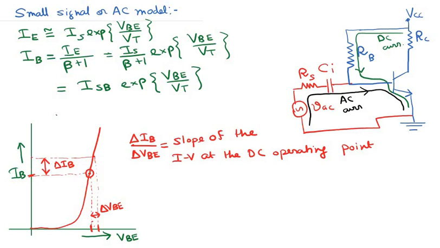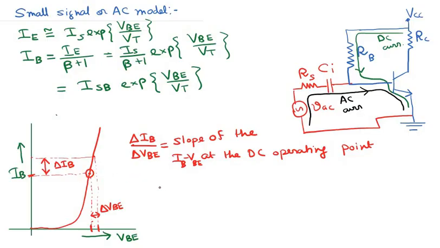So this delta IB divided by delta VBE is equal to the slope of the IB versus VBE curve at the DC operating point, which is this point.